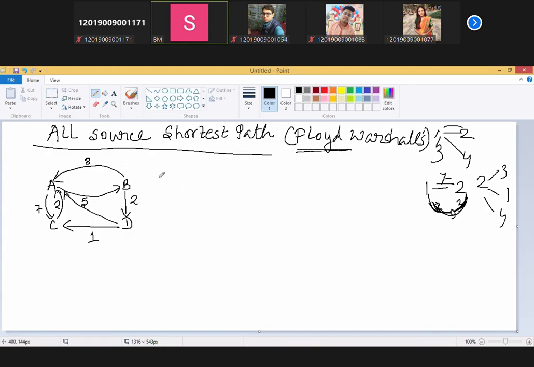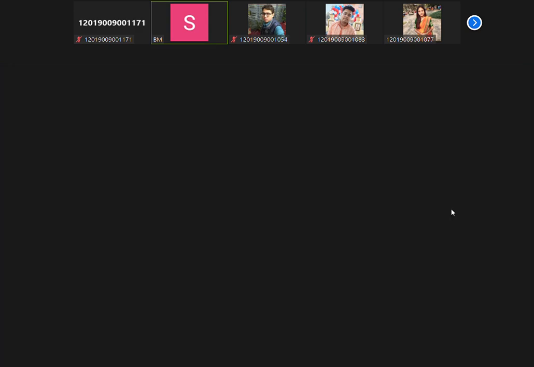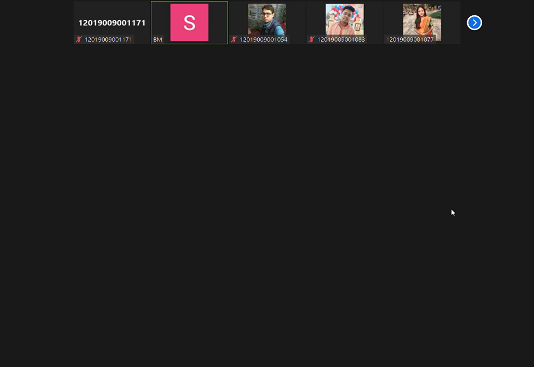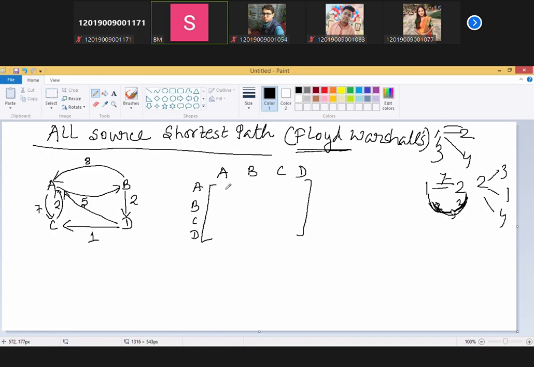So the adjacency matrix will have rows and columns A, B, C, D. What I have told is that diagonals will be 0, so take that first.